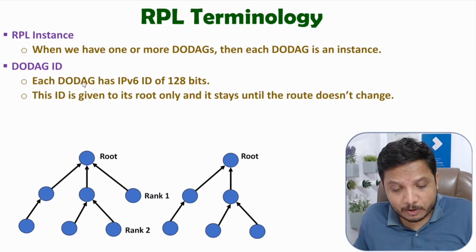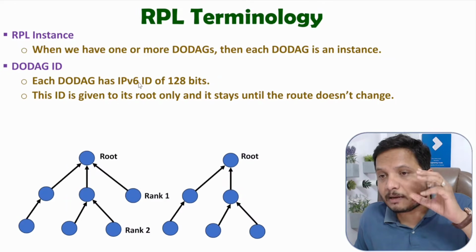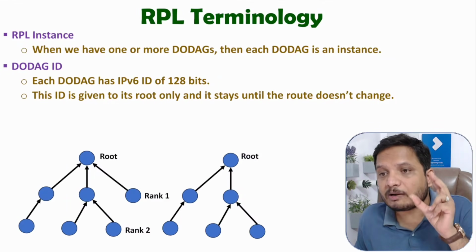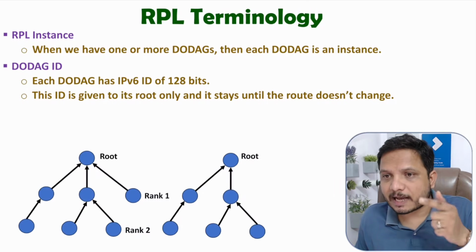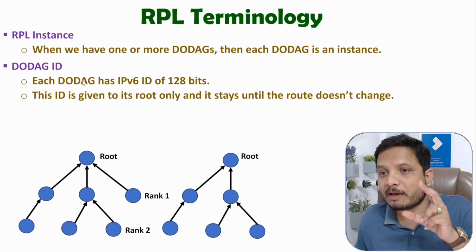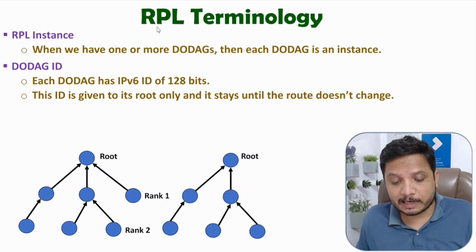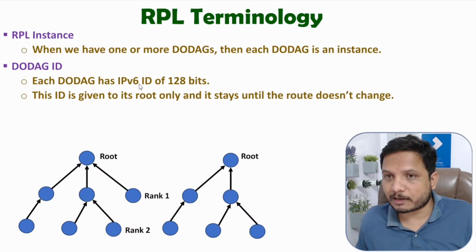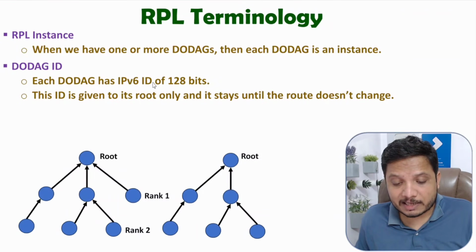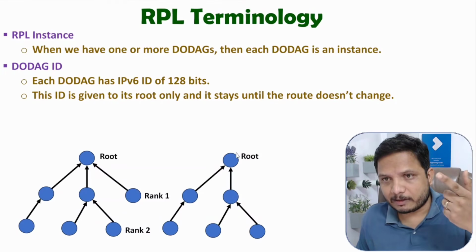So each DODAG will have an IPv6 ID, and an IPv6 ID has a length of 128 bits. If you design this RPL protocol with the use of IPv4, then that DODAG ID will have a size of 32 bits. But specifically the RPL protocol is designed for an IPv6 network, right? So this DODAG ID will be given to this root node, by which it will be communicating further on the internet, right?